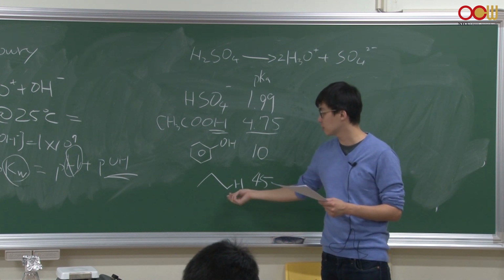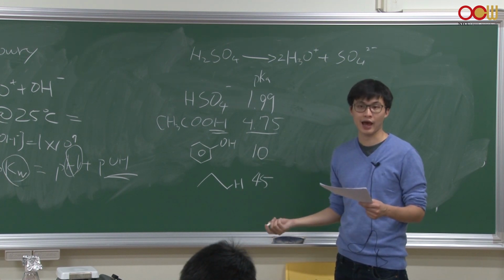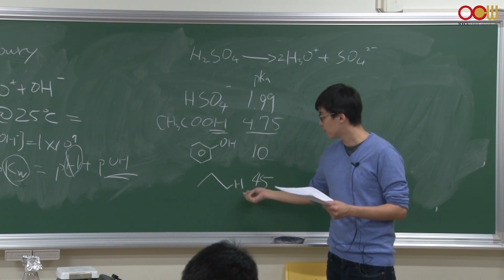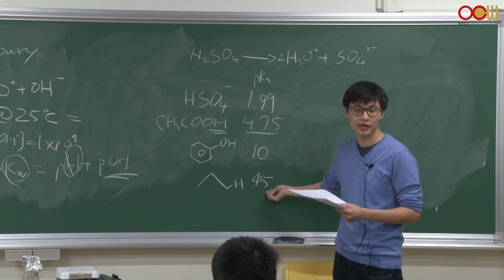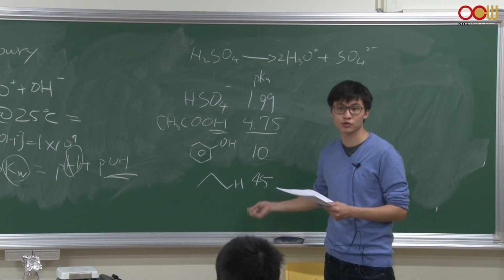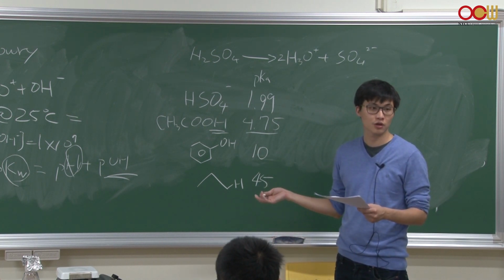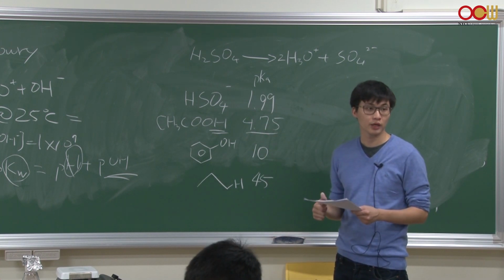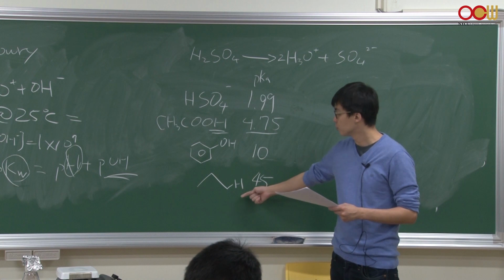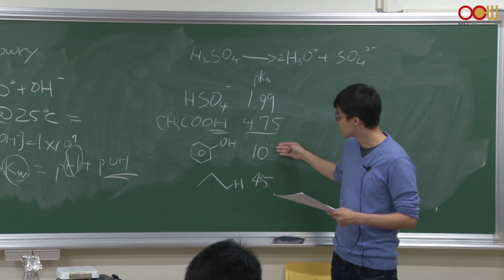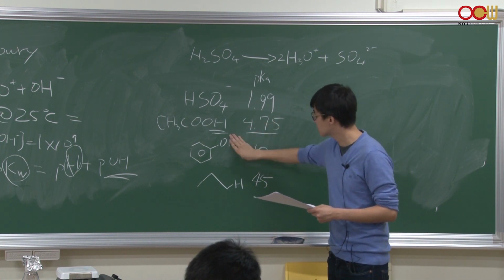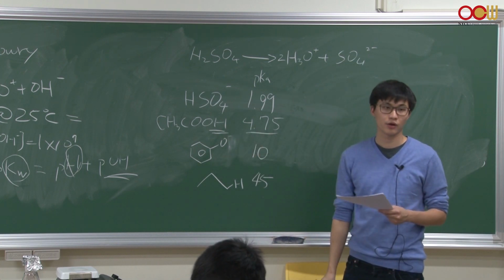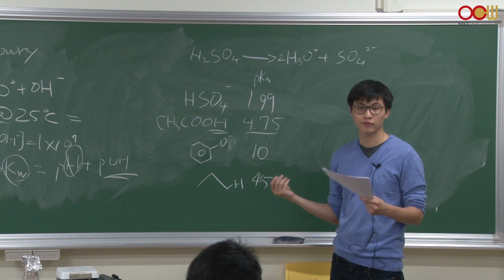Then finally, let's look at propane. Propane is a gas that we use to burn, okay? You need a very strong base to be able to deprotonate this. First of all, it's not soluble in water, so you cannot really measure it, but there are ways you can do it in organic solvents. You need a much stronger base. So when I have a phenolate, I can make a sodium salt out of it.